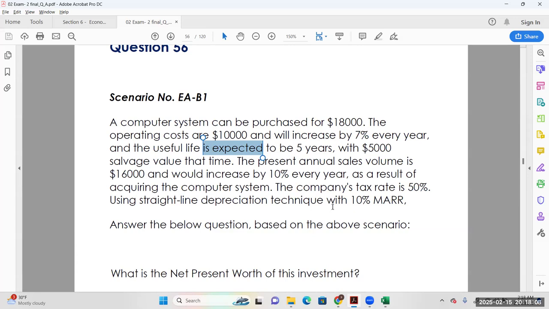The operating cost is 10,000, increasing 7% every year. So it will be gradient, this one. And the present annual sales is 16,000, would increase 10% every year. So both are increasing.